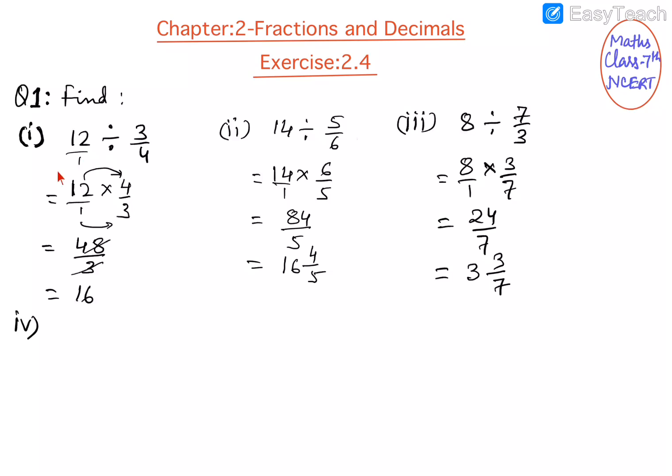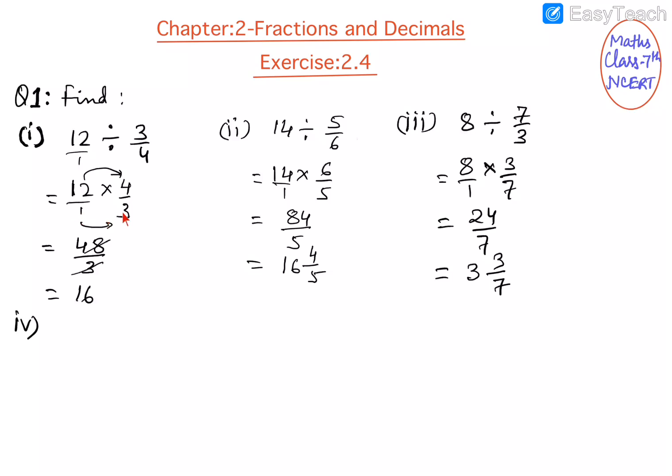Now this problem reduces to the problem of a multiplication, where we multiply numerators and divide by the product of denominators. So here 12 into 4 becomes 48 and 3 into 1 we can write 1 here.